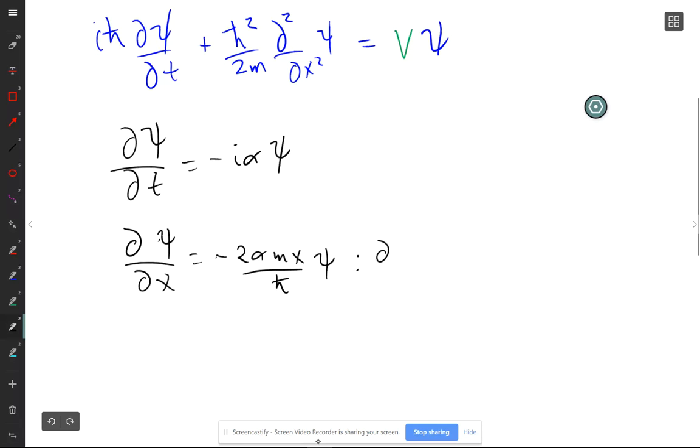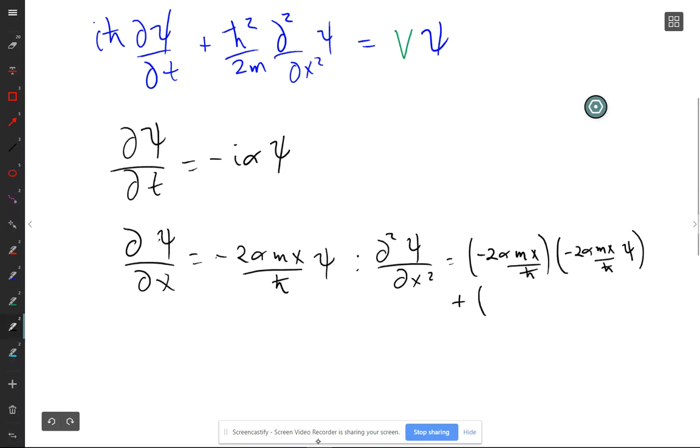So then the second derivative is going to be using the product rule. The first times the derivative of the second plus the derivative of the first times the second.